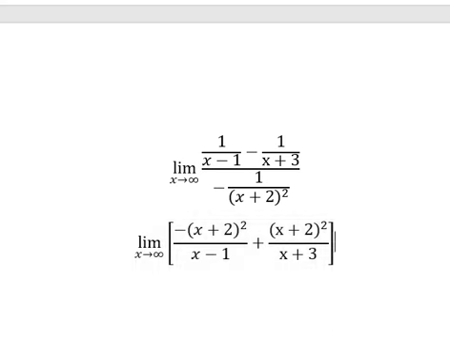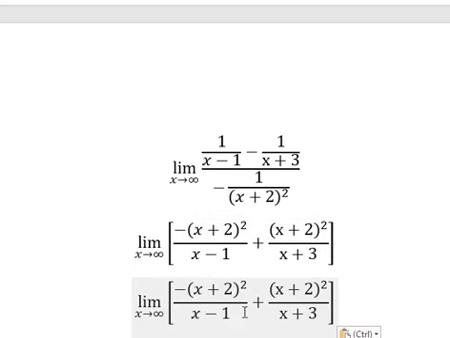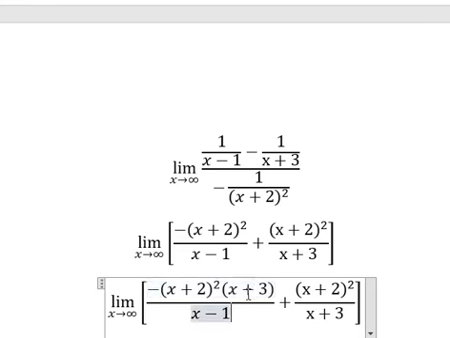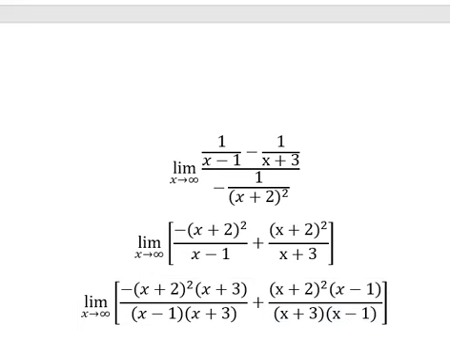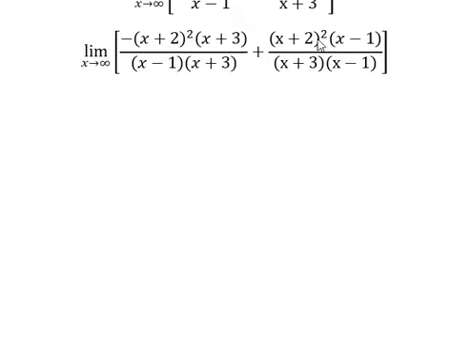Now we need to do common denominator, so that should be like this. And this one that is about s minus number 1. Now we need to expand and we can simplify.